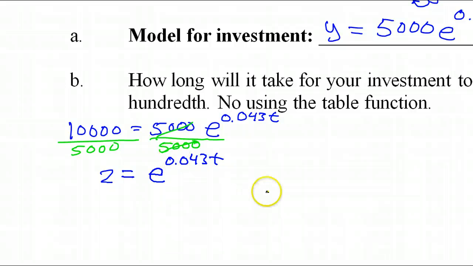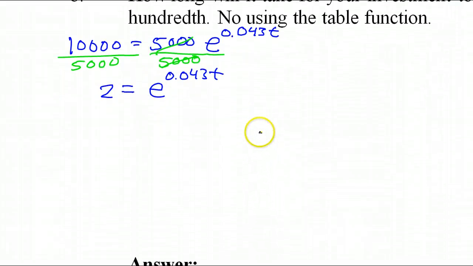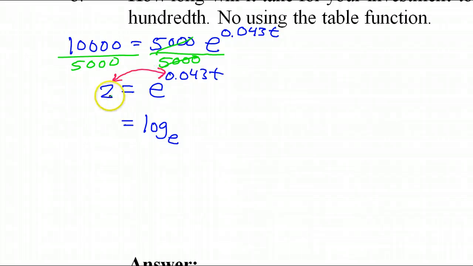I need to rewrite this in log form. When you do log form, you start with the base, and normally we write log base, like log base e. Then we take the other two things, and they trade sides.